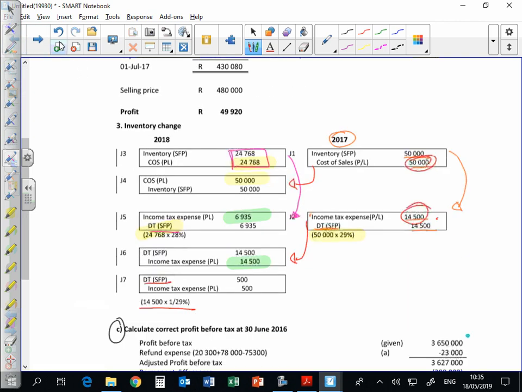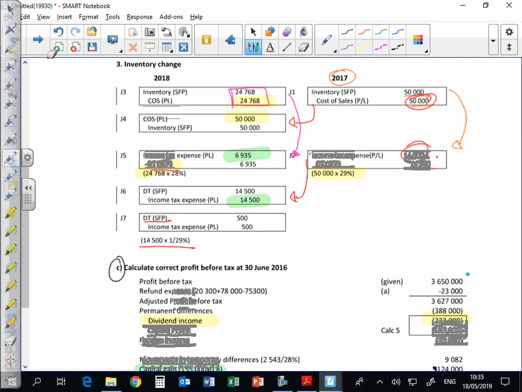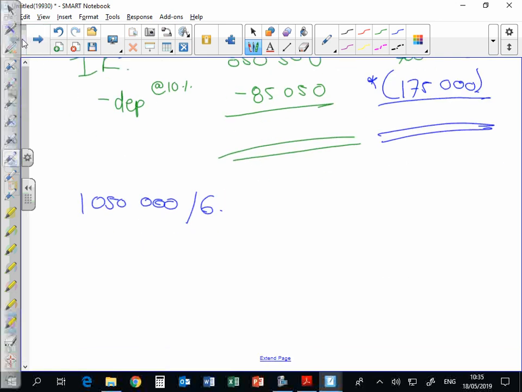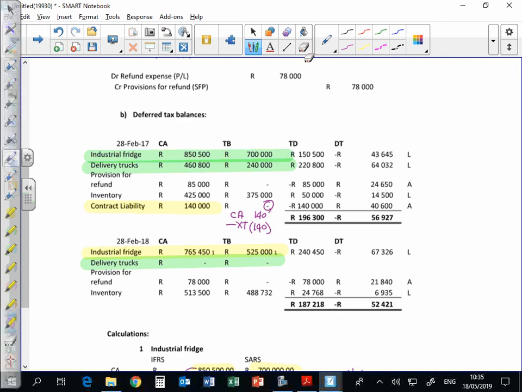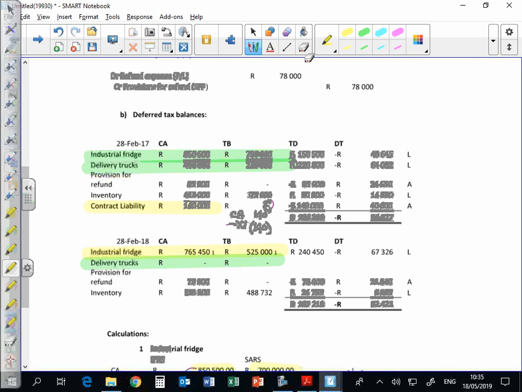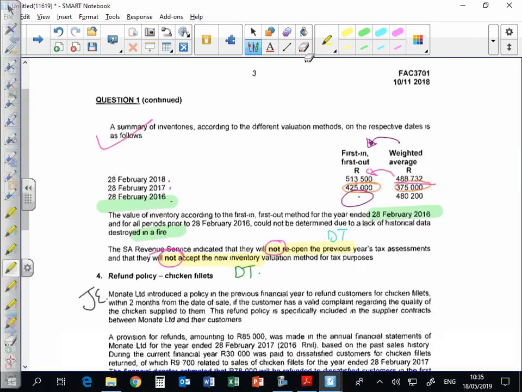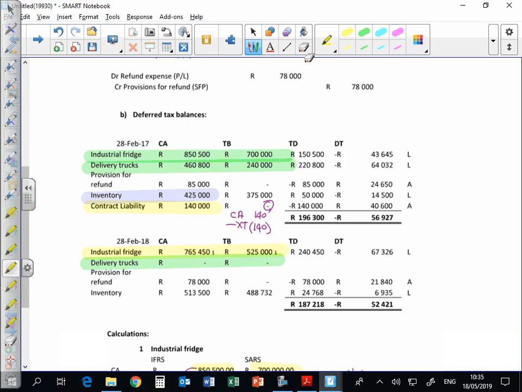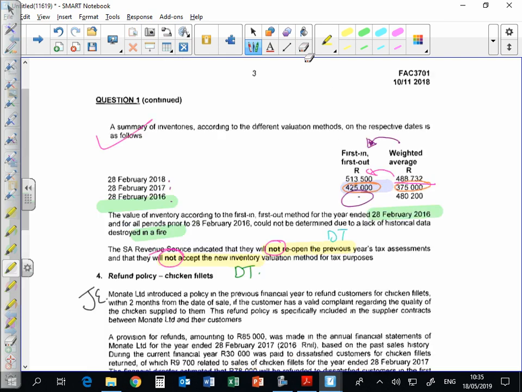For 2016, our inventory balance was 425,000. That was the carrying amount, and our tax base was 375,000. In terms of 2018, our carrying amount was 513,500.